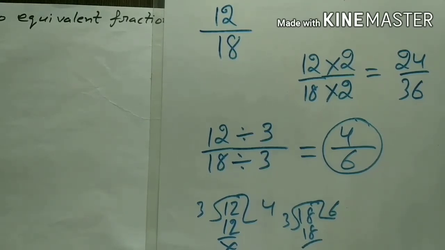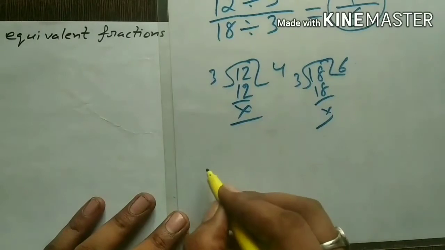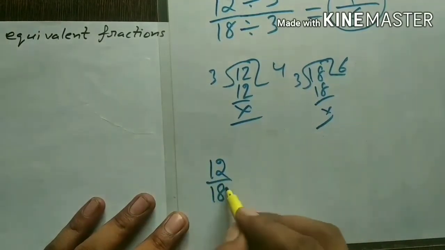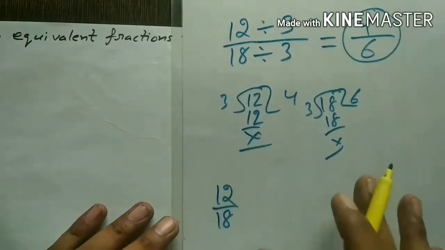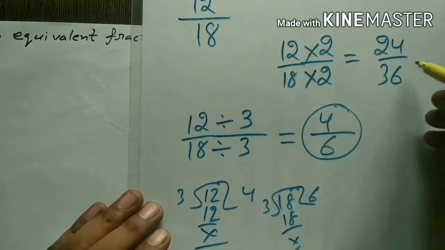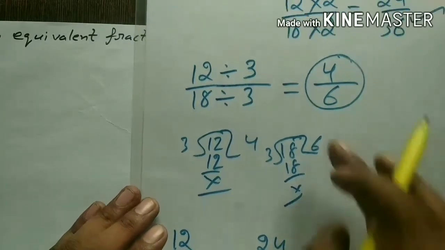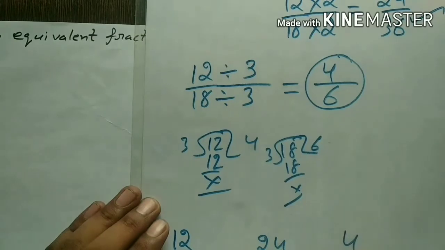Now let us see the meaning of equivalent fractions. We have seen that the actual fraction was 12 by 18 and I have found its two equivalent fractions. The first one was 24 by 36 and the second one was 4 by 6.